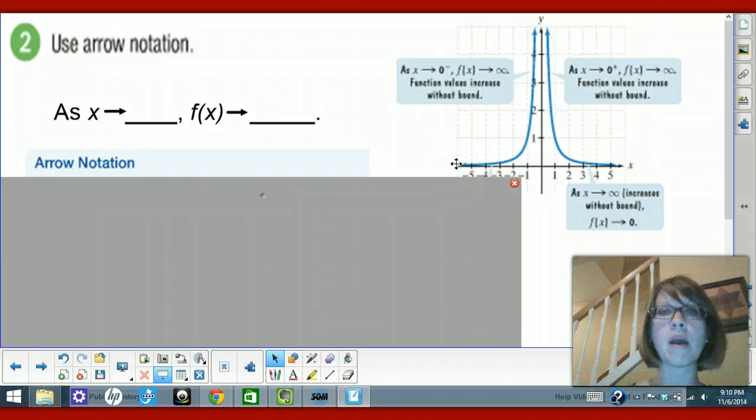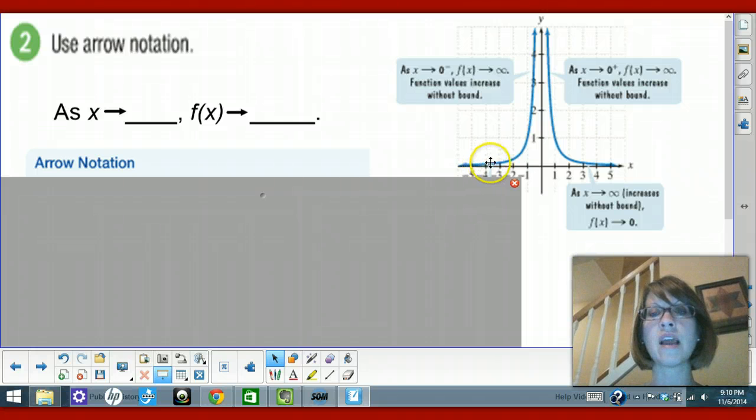So I put my mouse here on the left side of my screen, and I'm going to slide on the graph approaching x equals 0. And the closer we get to x equals 0, the more up this graph goes. That means as x approaches 0 from the negative side, the f of x is approaching positive infinity. It's going up.